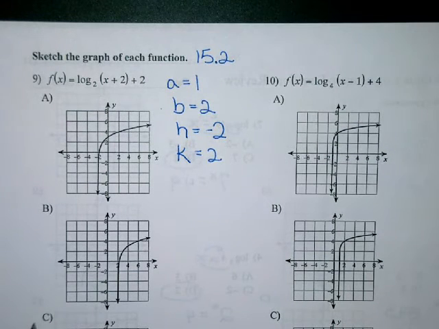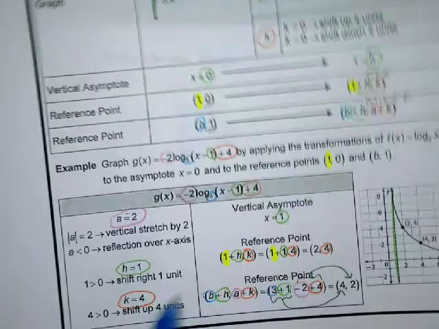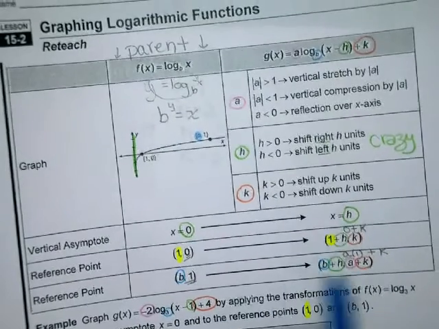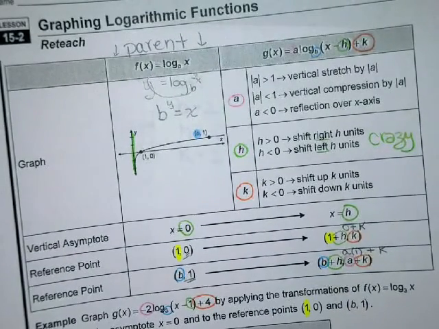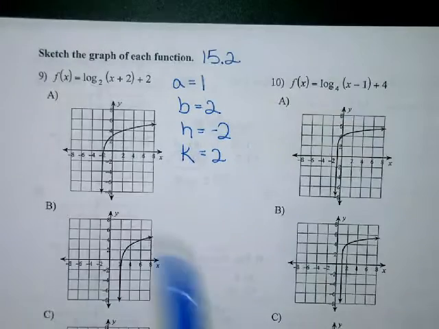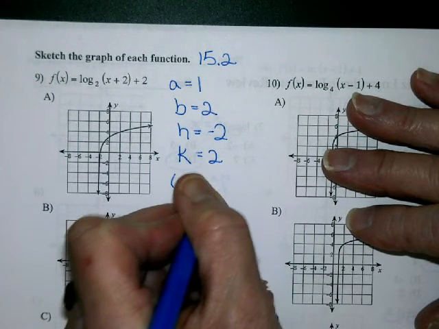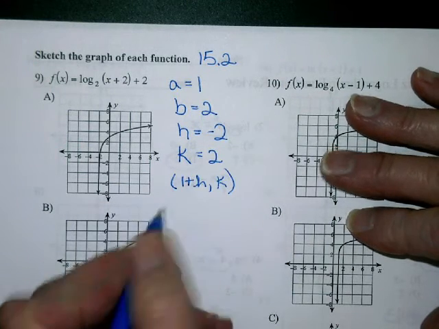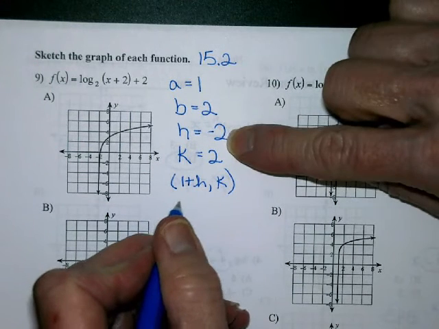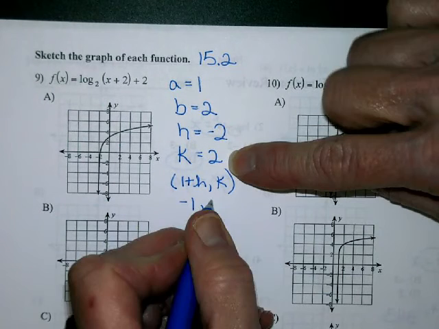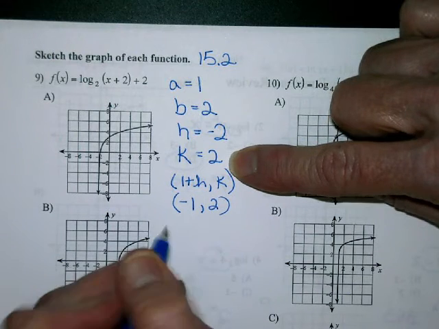And we apply our formulas from our notes, which you're more than welcome to use, but we can write them down here again. These guys right here. Okay. Got them all messy with colors. My first one is I take 1 plus my H and then my K. So that's 1 plus H is a negative 1, and K is 2.